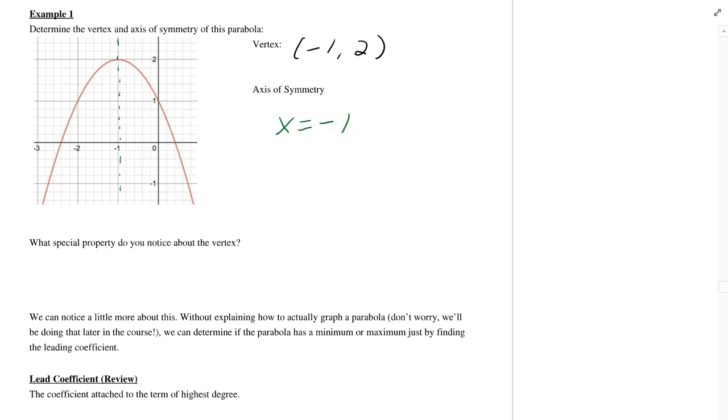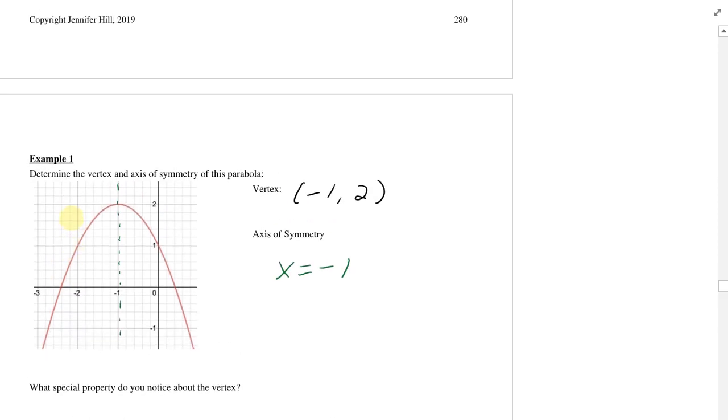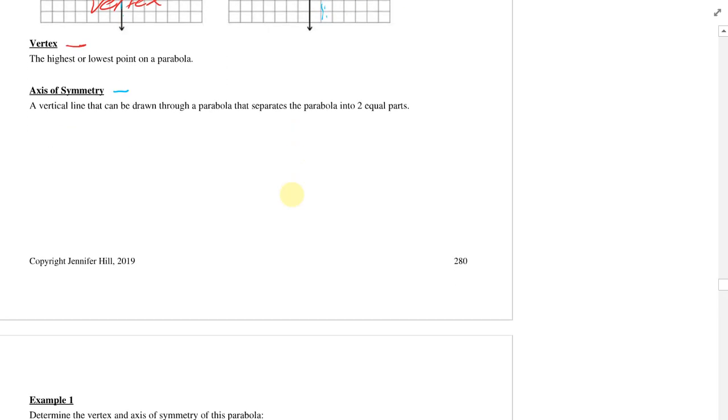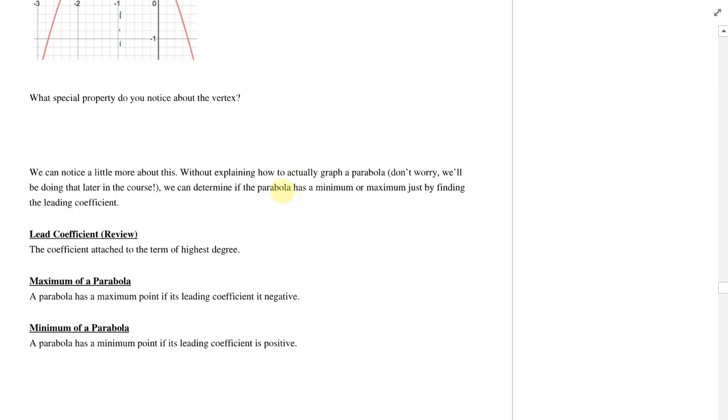One other thing I want you to notice: if you look at this graph here, or if we go back to these, what do you notice about the vertex? There's a characteristic of it. It's either the highest or the lowest point on the graph. So let's write that down.